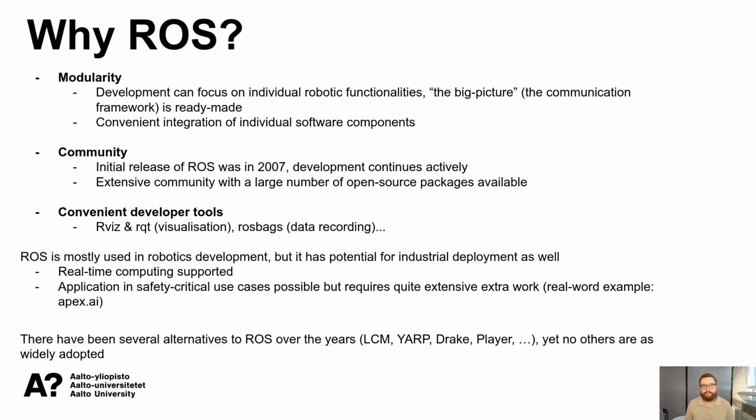You can check out their web page. They've done safety certified solutions based on ROS. Now, this is not very straightforward to do. You have to understand the inner workings of ROS quite well to ensure this, but it's something that you can still do with ROS. But again, mainly it's used for development right now.